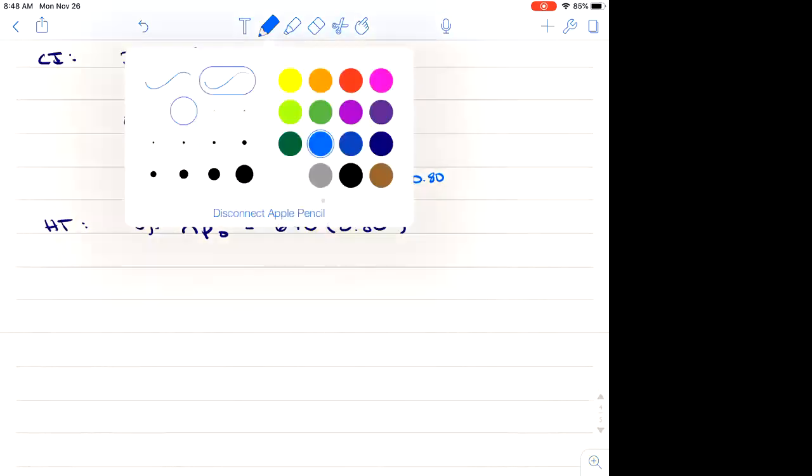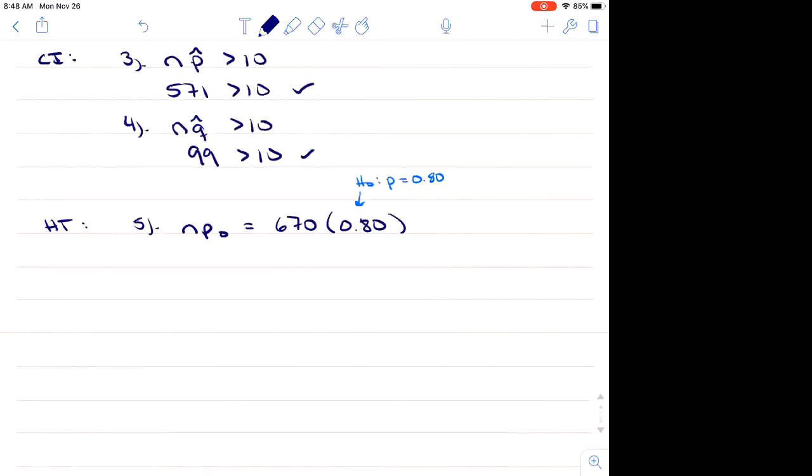Another tricky thing is knowing p naught before you've set up your null and alternative hypothesis, right? But that's why you have to read ahead and figure out, okay, if I'm doing a hypothesis test, what's my p naught? And in this case, it's going to be 0.8. So 670 times 0.8 is 536, which is greater than 10.